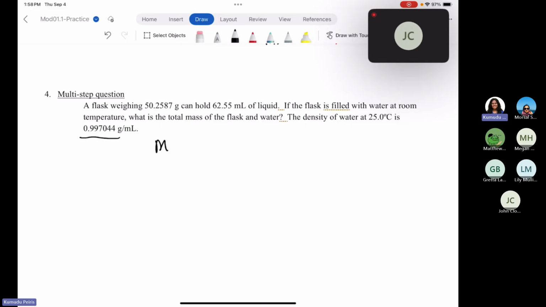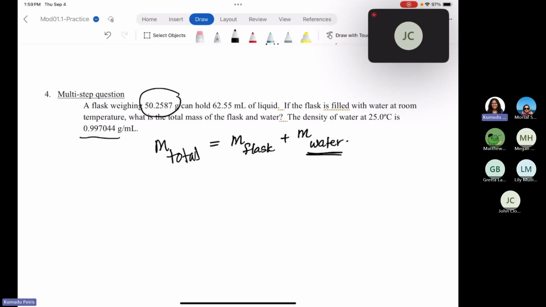I'll write: the total mass should be equal to the mass of the flask plus the mass of the water. So, what is the mass of the empty flask? It is given, straightforward.